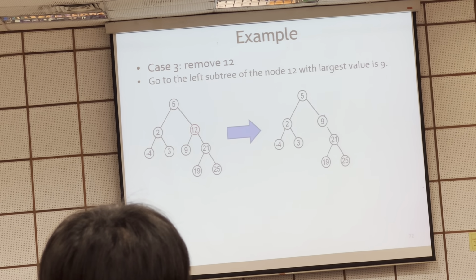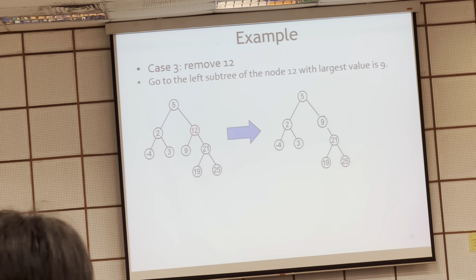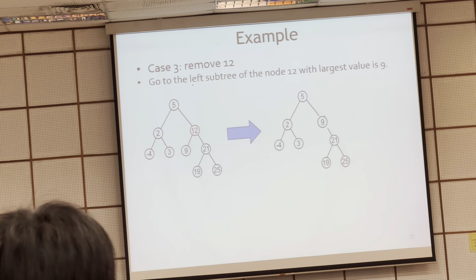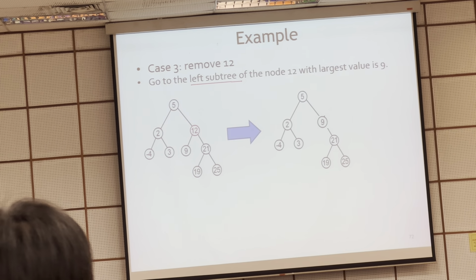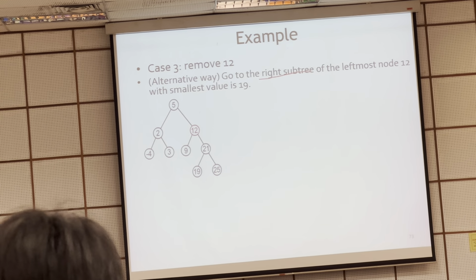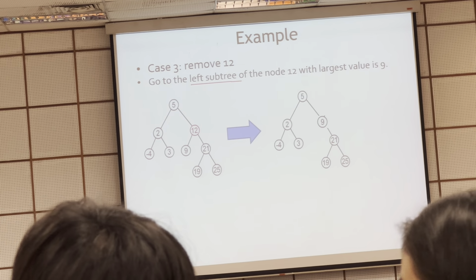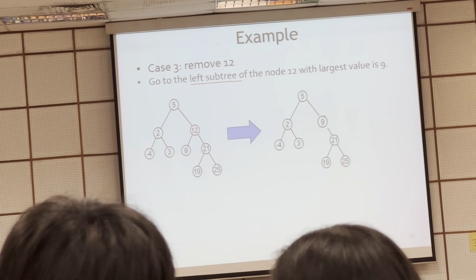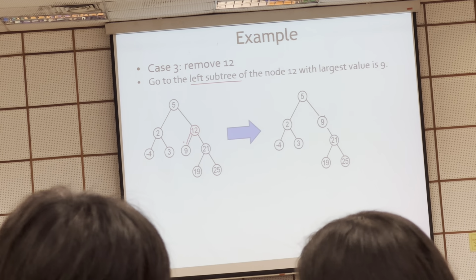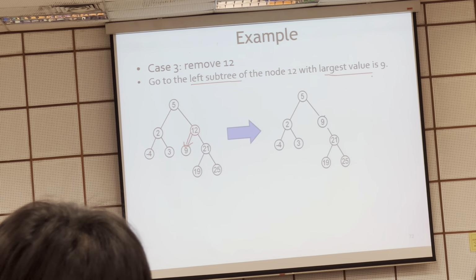Alright? Now, when you remove a node with 2 children, let's say we have 12. How do I connect them? You can choose the left subtree or you can go to the right subtree. 2 ways of doing it. Now, if you are selecting the left subtree, you must choose the largest value.